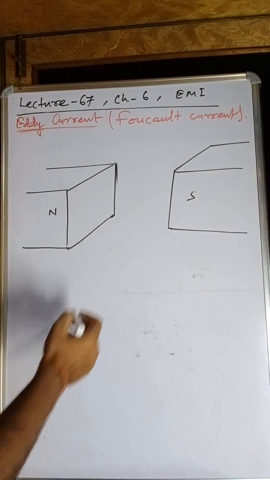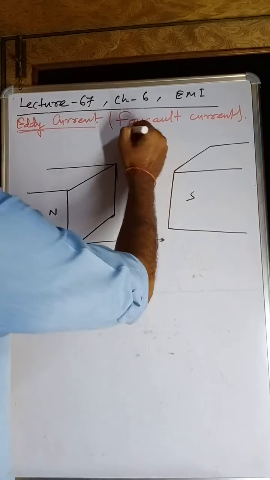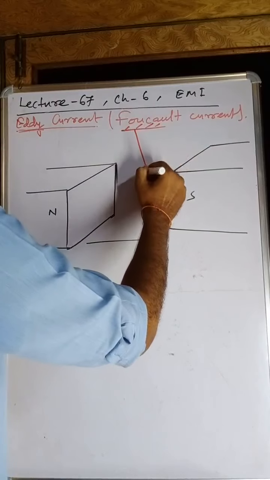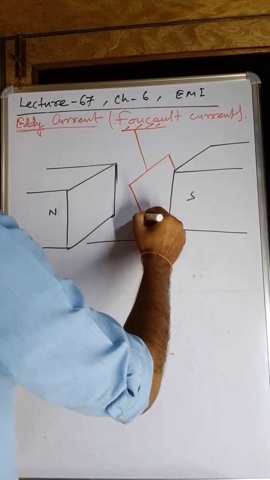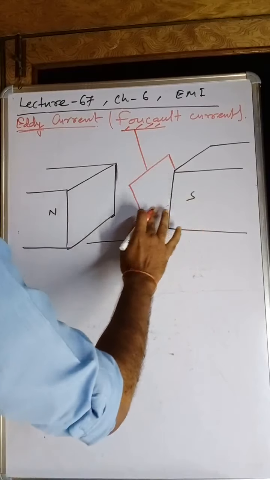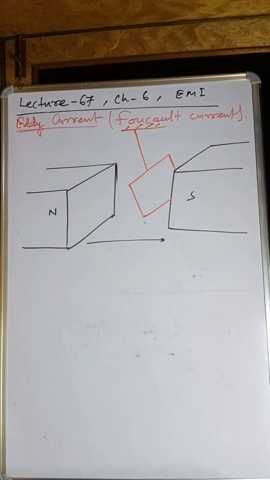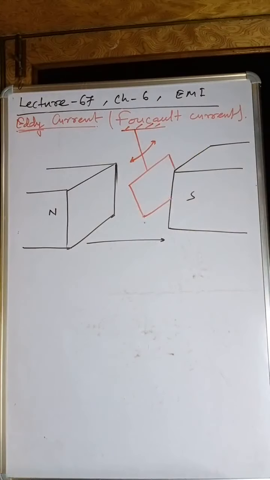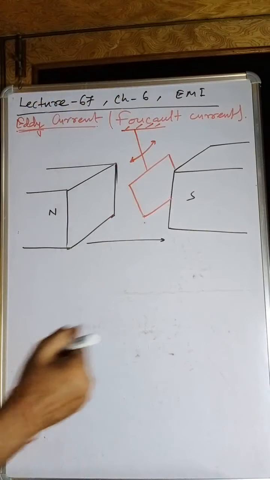Okay, the field will be from north to south, and we allow a metal plate to oscillate here. A metal plate is oscillating in this uniform field, in this way. This is the metal plate.